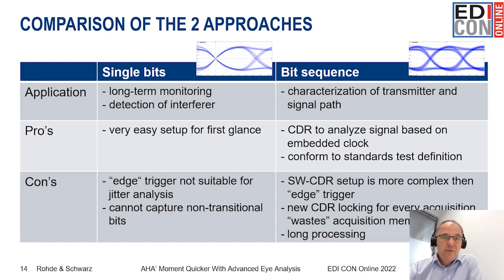But on the other hand, with the edge trigger, I don't get all the information. I don't get all the jitter information. I only can capture transitions and so on. If I use the clock data recovery, then of course the setup is more complex, but I get more information, but also I need a long processing time.